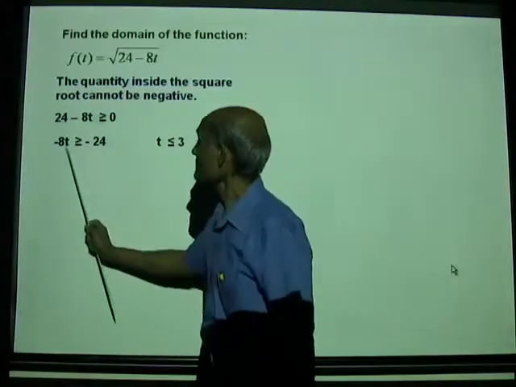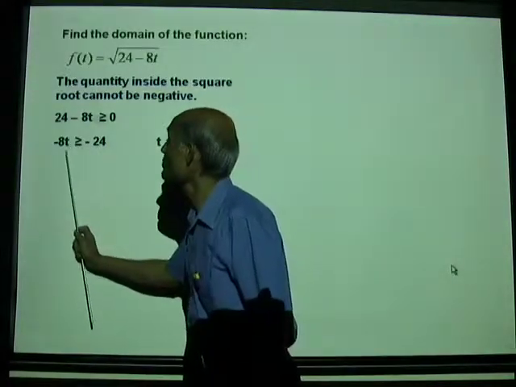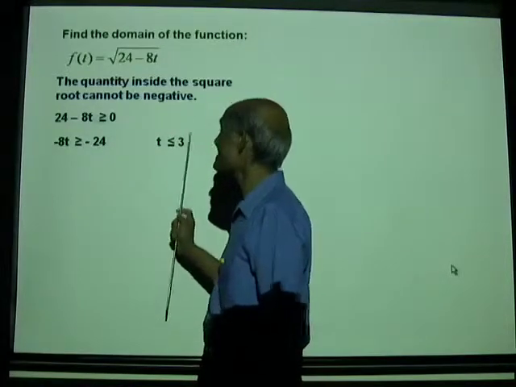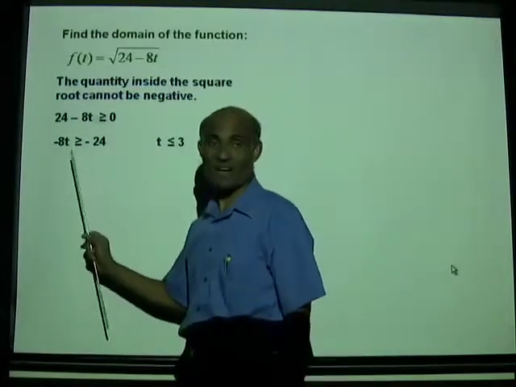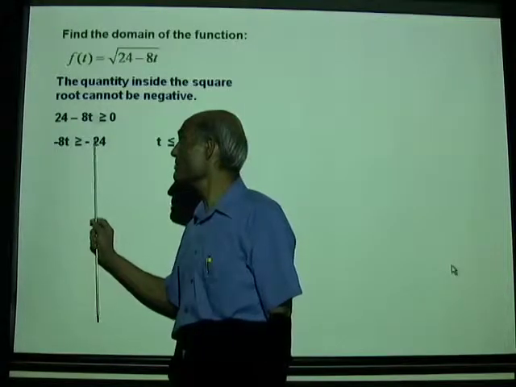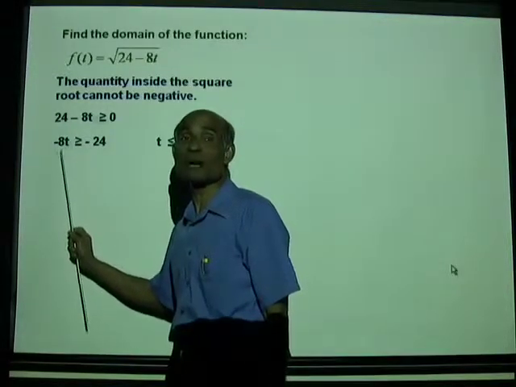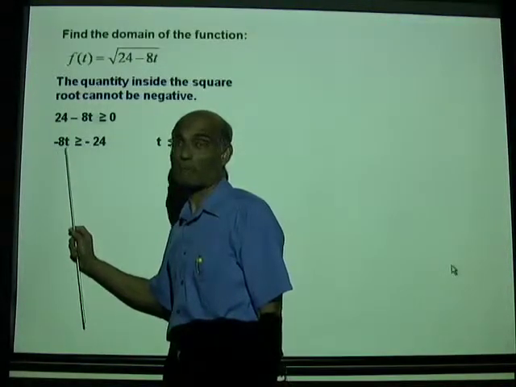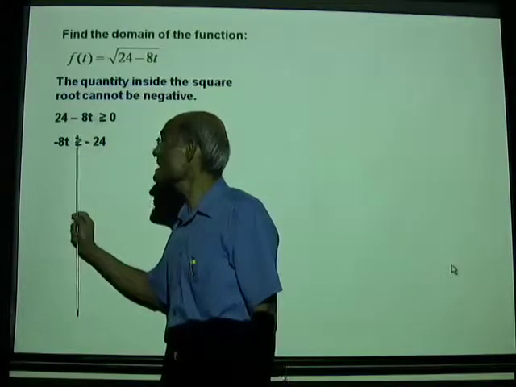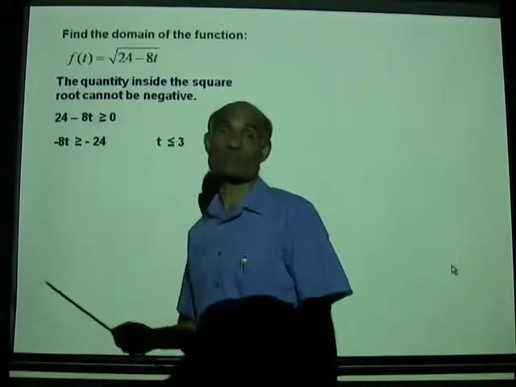That means dividing by negative 8 will give you t is less than or equal to 3. How do you produce that? Divide both sides of the inequality by negative 8. And when you divide by negative 8, the inequality sign reverses.